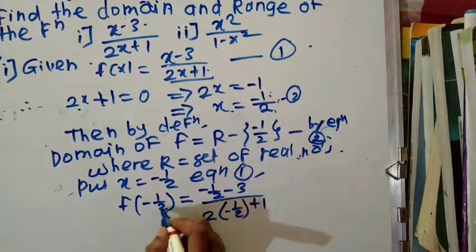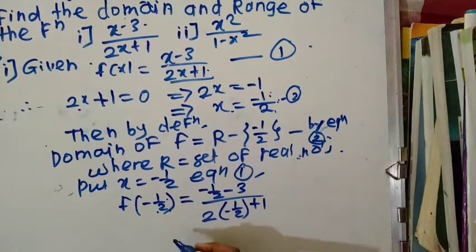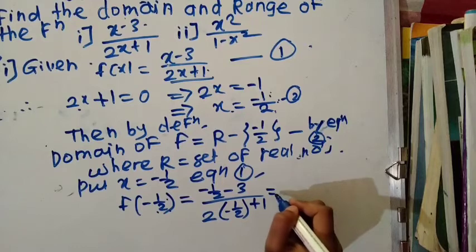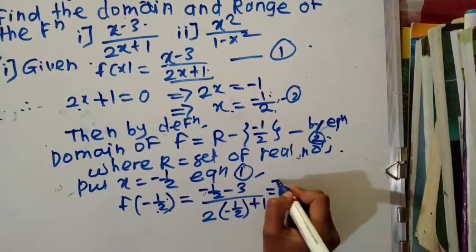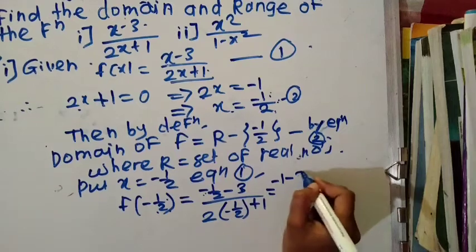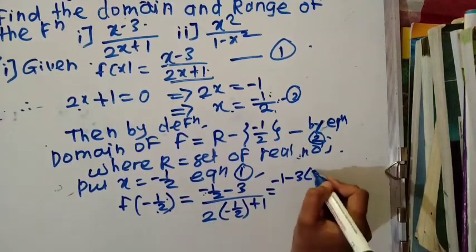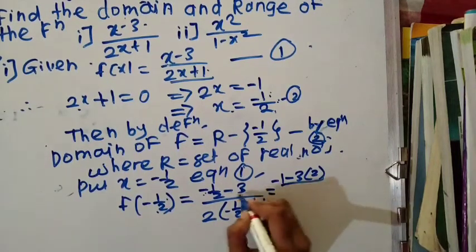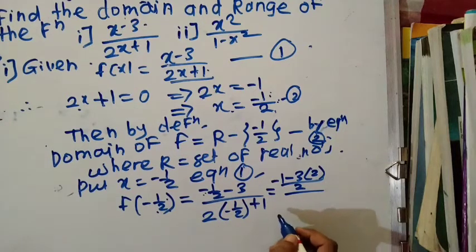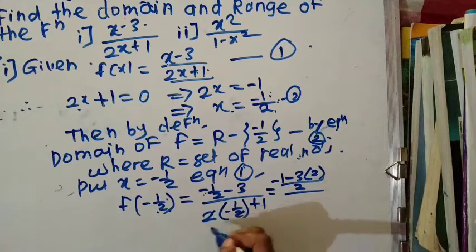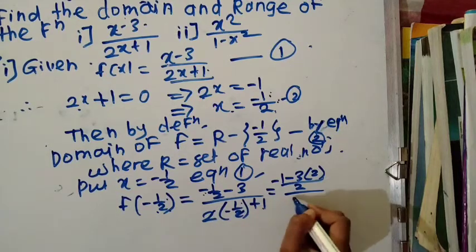Putting x as minus 1 by 2, we get minus 1 minus 3 into 2 upon 2, and 2 cancels with 2, and minus 1 plus 1.